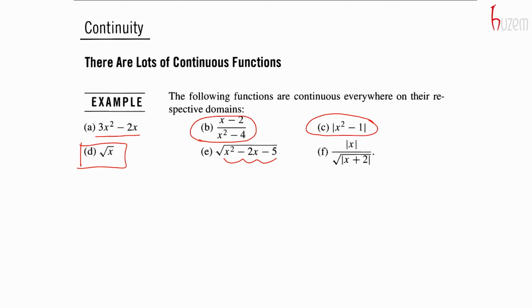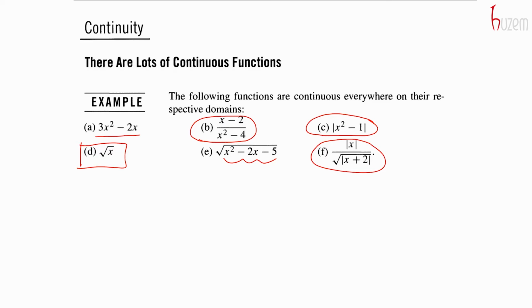And the function in item F is the absolute value of x divided by square root of absolute value of x plus 2. It's a ratio of two functions, and absolute value function is defined everywhere and it's continuous everywhere.